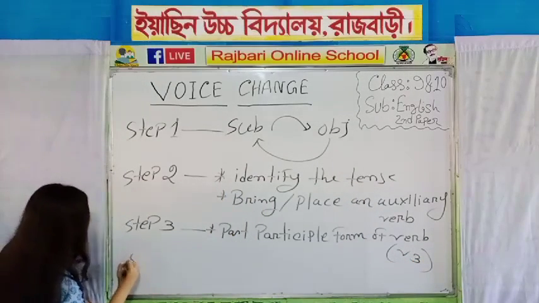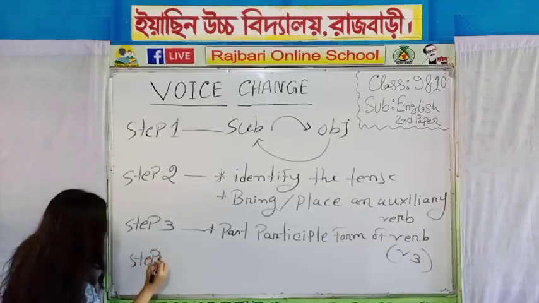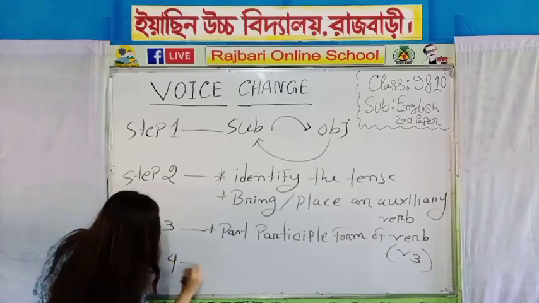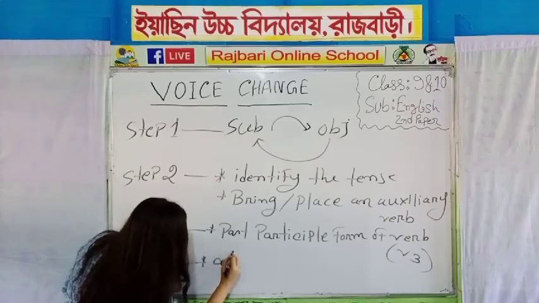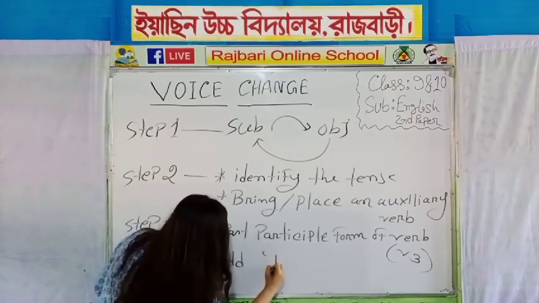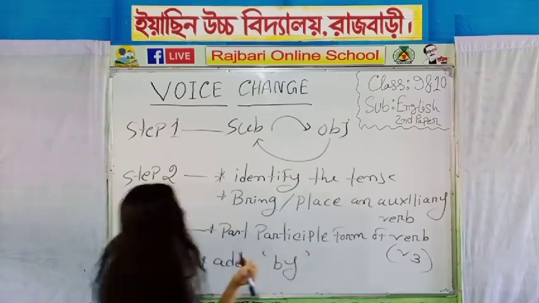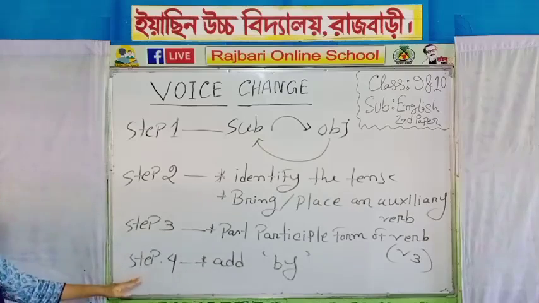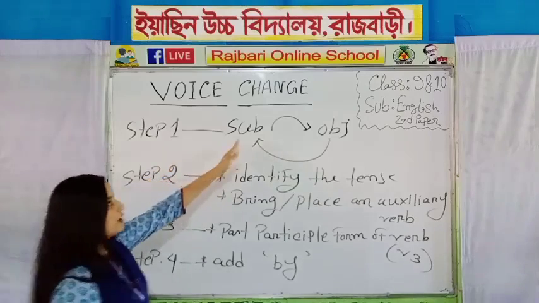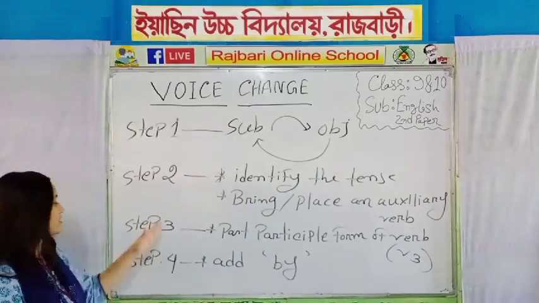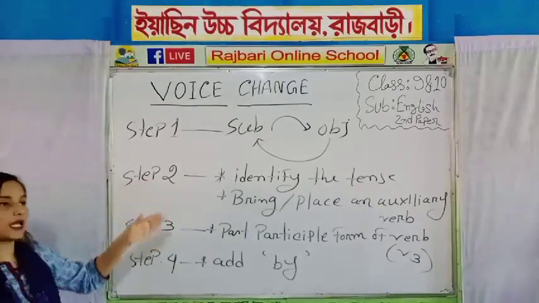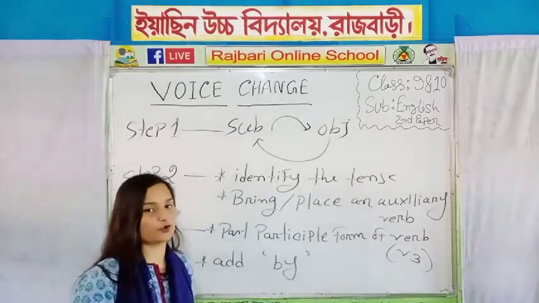The fourth step was add by, and the fifth step, as we already know, is object into subject and subject into object. So that was the steps for changing to passive voice.